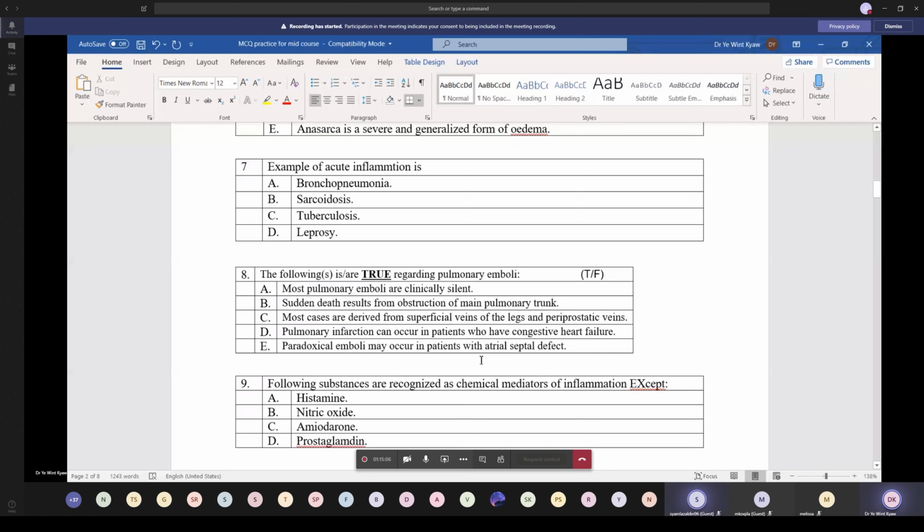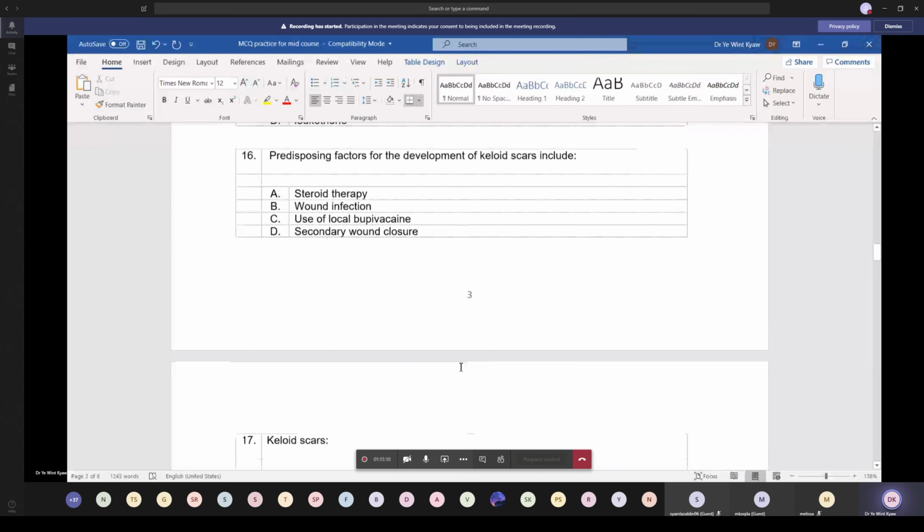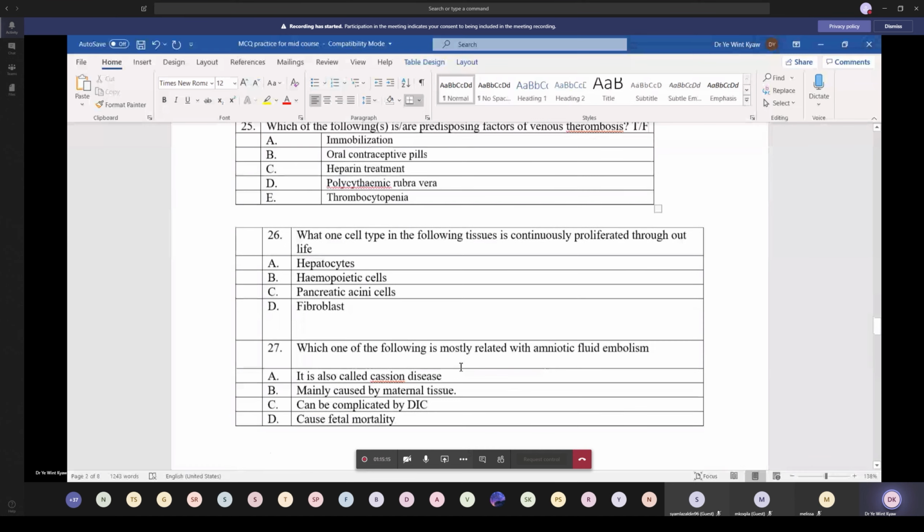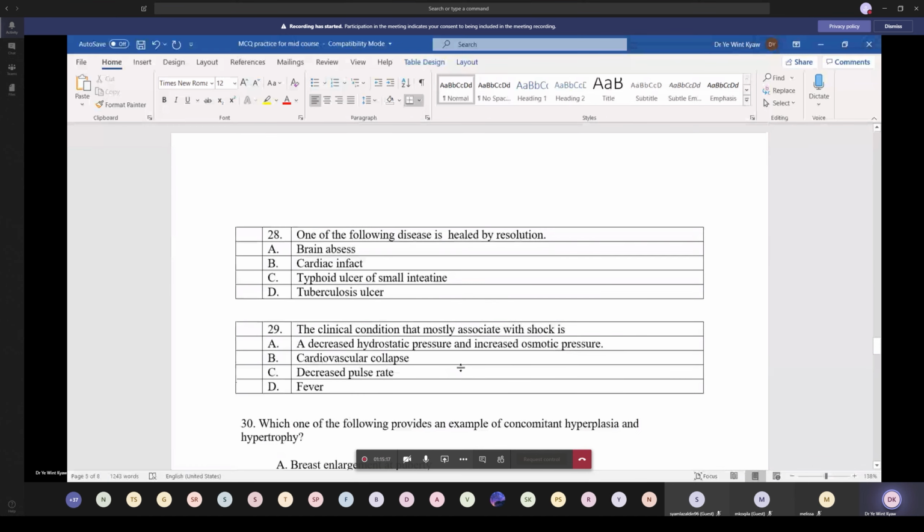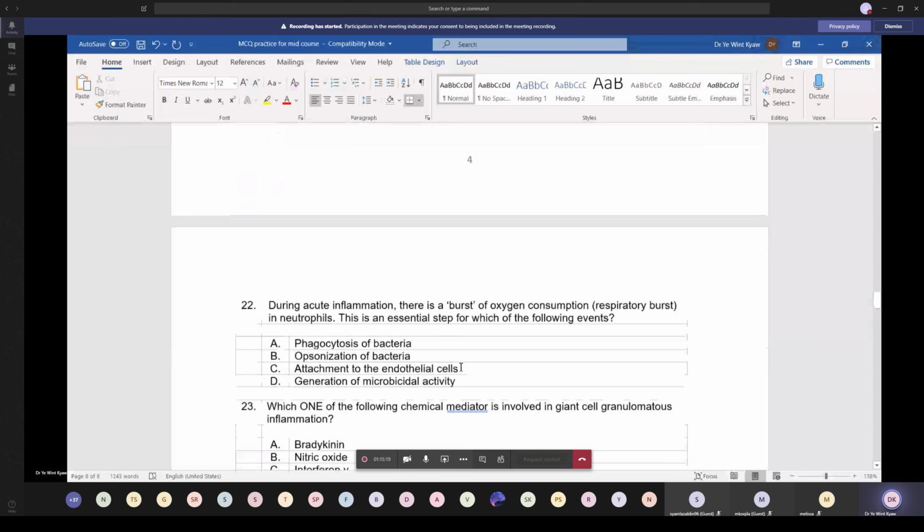Paradoxical means reverse, right? Pulmonary emboli should normally come from the veins, but it can come from the arterial side. Sometimes if they have a heart septal defect, this can come from the heart also.